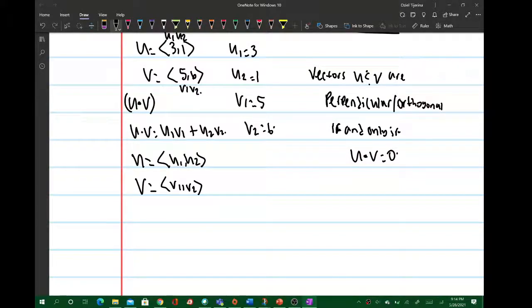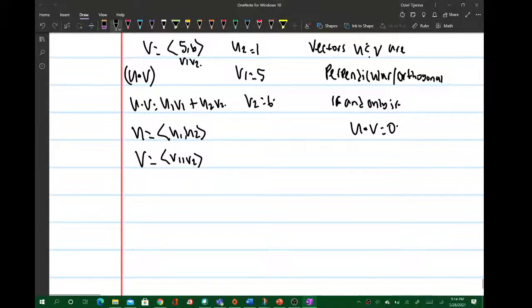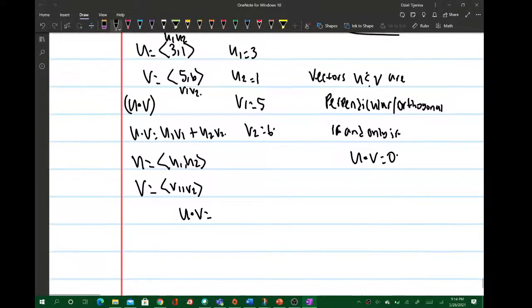So if we do the dot product, that will give us u dot v equals, like I said, u1 v1 plus u2 v2. So that means the vectors 3, 1 dot 5, 6, oops.